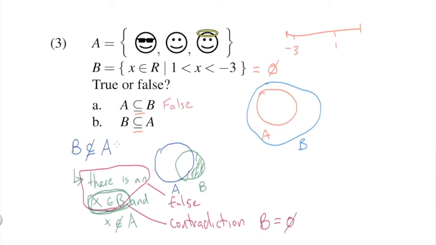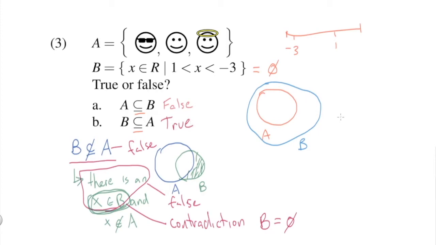So this cannot possibly be true, because assuming that B is not a subset of A leads us into a contradiction. We proved the falsity of this statement, so the opposite of this statement must be true.